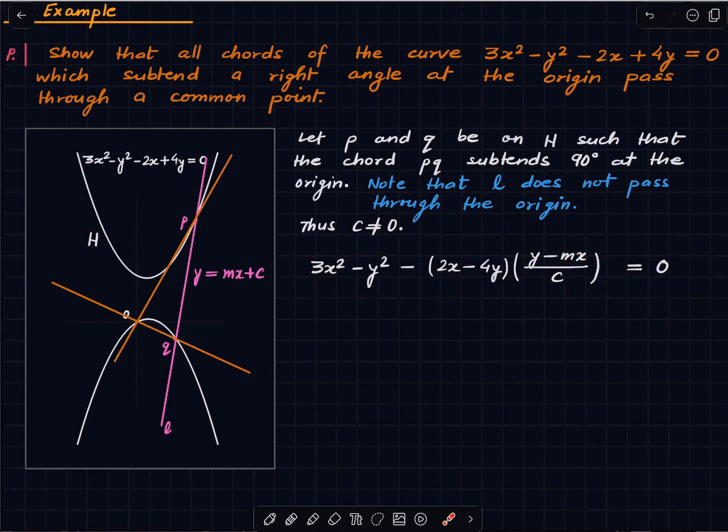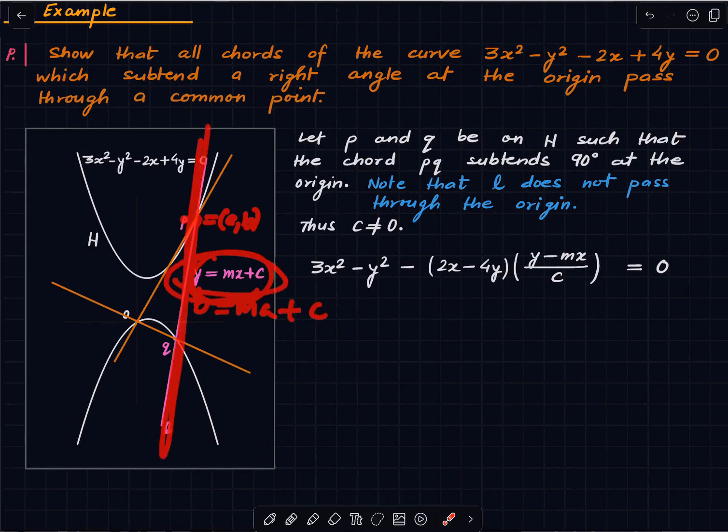Now, note that whatever this curve is, this passes through the point P. Why? Because of the coordinates of the point P, when you substitute here. So let's say P is (a, b), then b must be equal to ma plus c, right? Because the point P also lies on this line, and this line is y equals mx plus c.